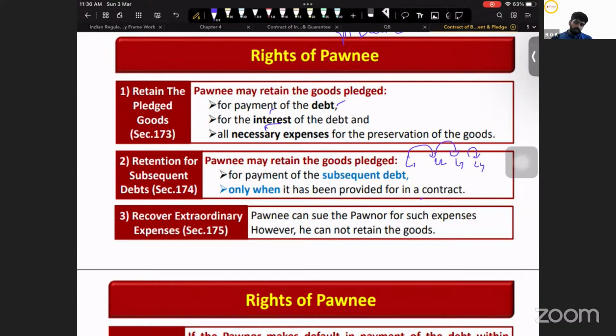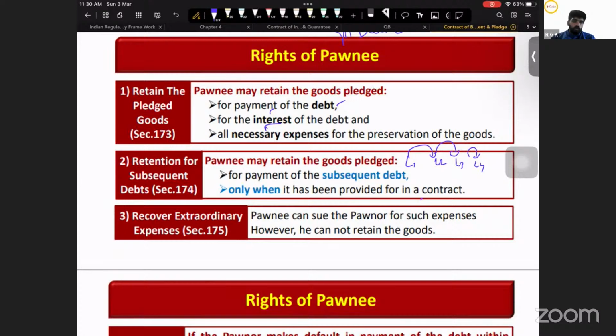Next, the last one: if pawnee incurs any extraordinary expenses, in the rarest of rare circumstances, then law says that towards those extraordinary expenses, the goods cannot be retained. The pawnee can sue the owner for recovery of those extraordinary expenses.